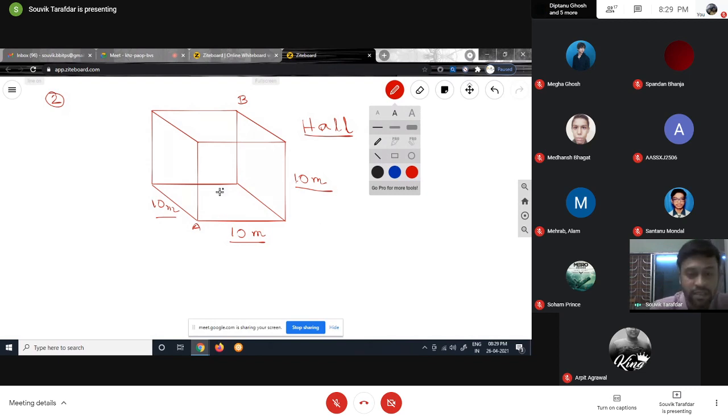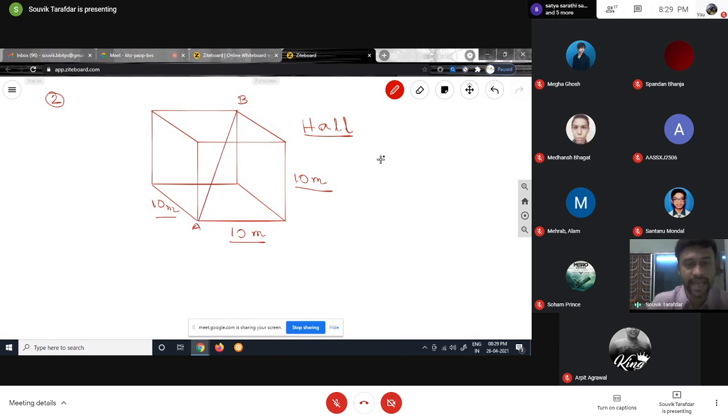See, first I am showing the diagonal from A to B. The fly actually moves from point A to point B. I have also shown the arrow. You can understand this.